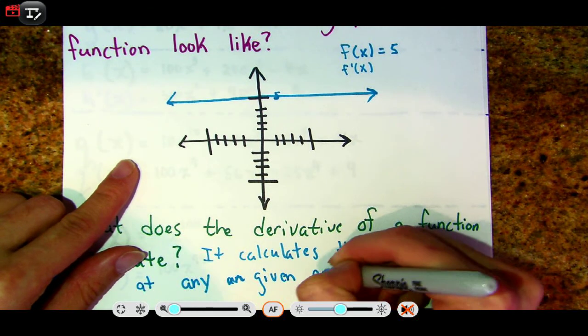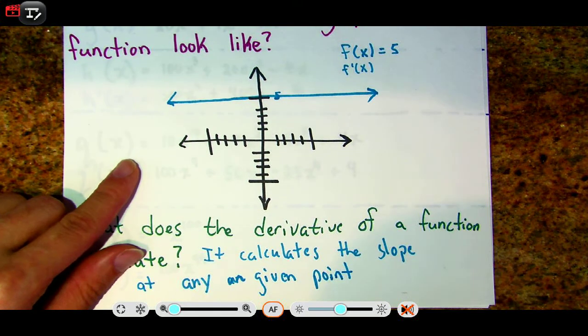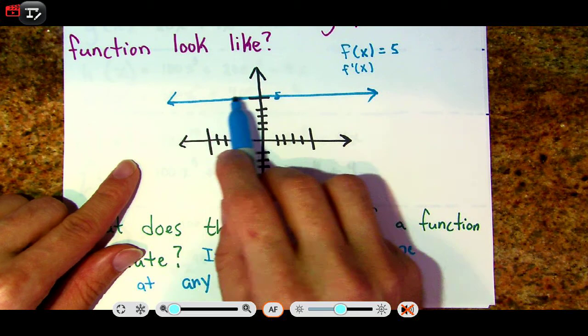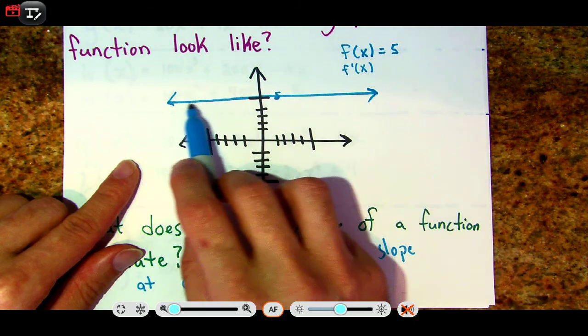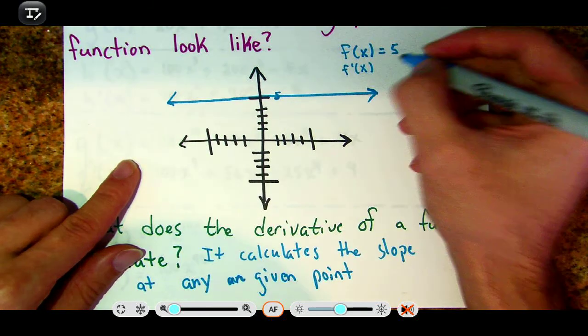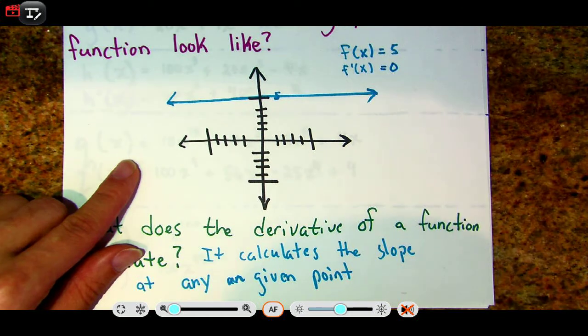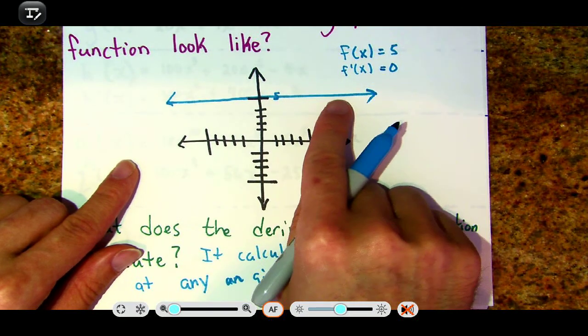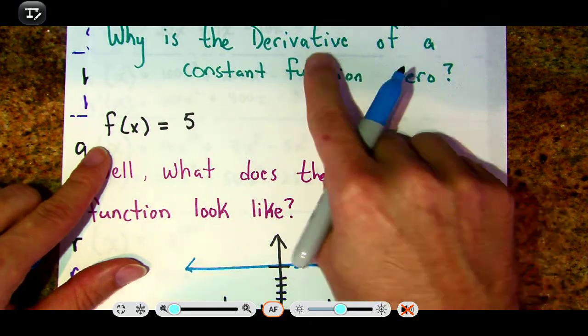But here, what is the slope of any point on this graph? The slope of any horizontal line here is just 0. The slope of any point over here is 0. So the derivative of any constant function will always be 0.